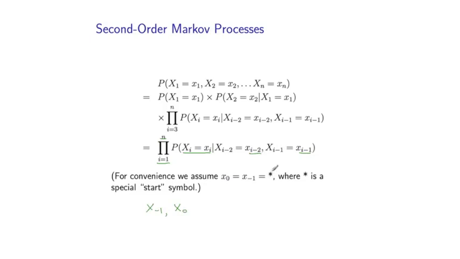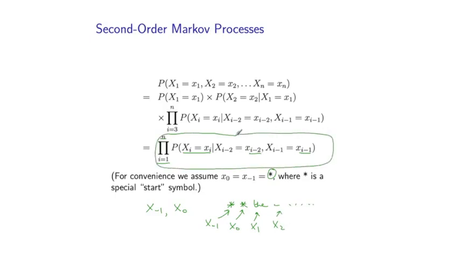These random variables always take the value star. So you can think of us as always starting this Markov process with X minus 1 equal to star, X0 equal to star, and then we have X1 as the next element, maybe that's some word there, X2 is the next element, and so on and so on. Okay, so this just makes things slightly simpler, basically from a notational point of view.